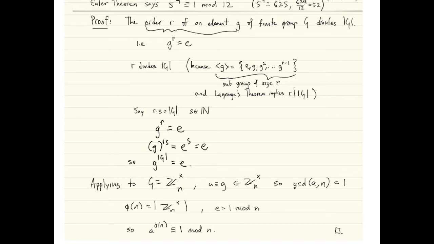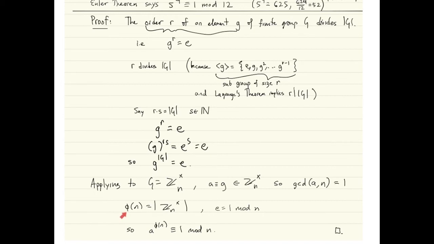Now we just apply this result to the group G, that's Z mod n cross, and the number a is congruent to some element g in Z mod n cross, and this is where the condition that a and n had to have GCD equal to 1 comes in, that way a is identified with an element of this group, and the order of this group is denoted by phi of n.